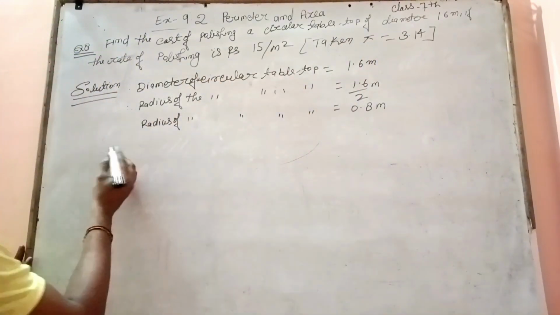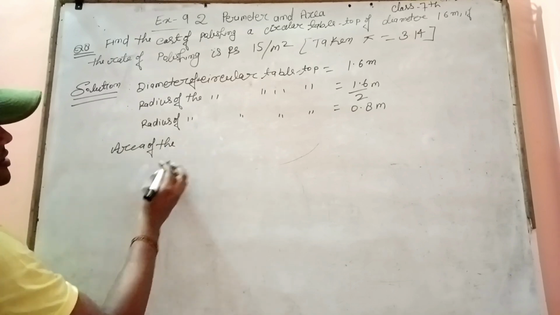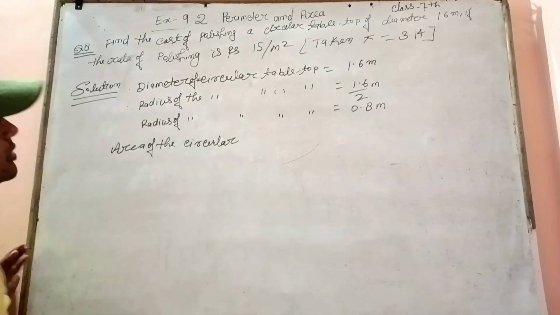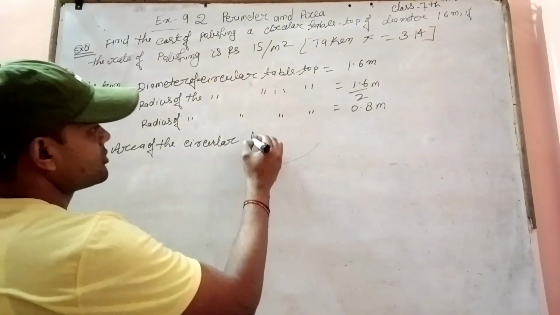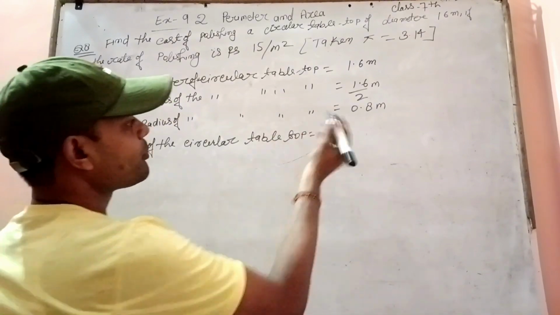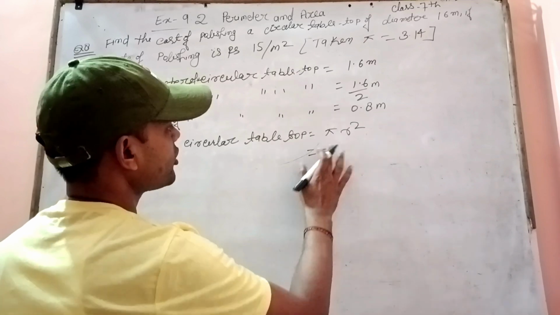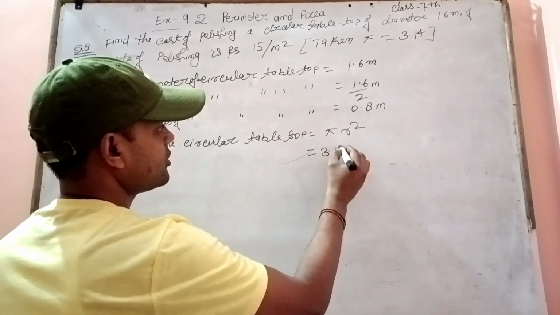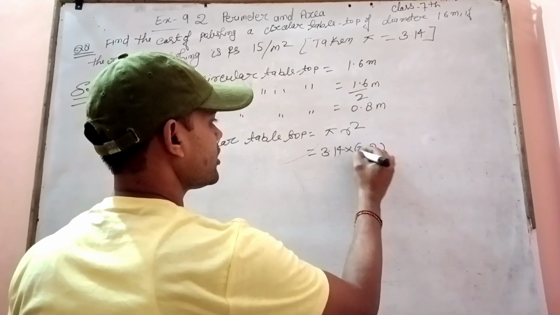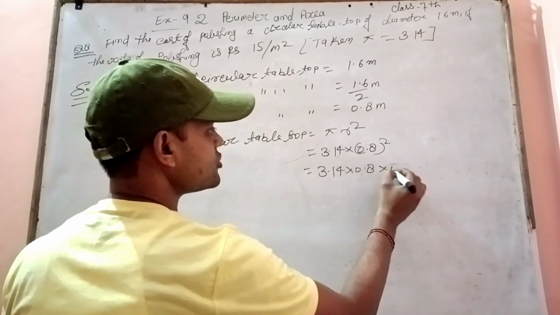Area of the circular table top is equal to pi r square. Pi is 3.14, radius is equal to 0.8. So it is 3.14 into 0.8 square, which is 3.14 into 0.8 into 0.8.